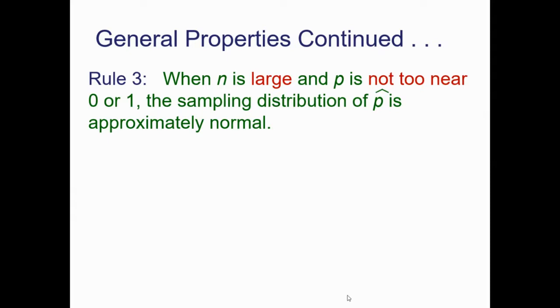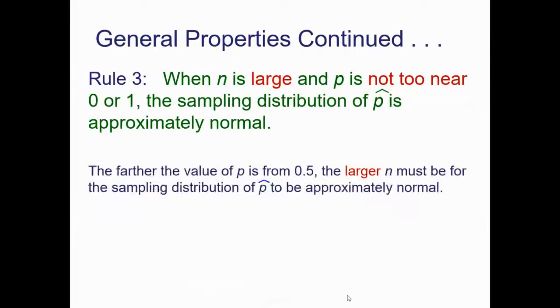The further away, say from 0.5, that p is, the larger n must be for the sampling distribution of p hat to be approximately normal. The further we are from 0.5, the larger n has to be.